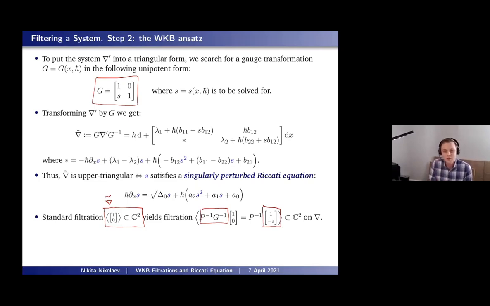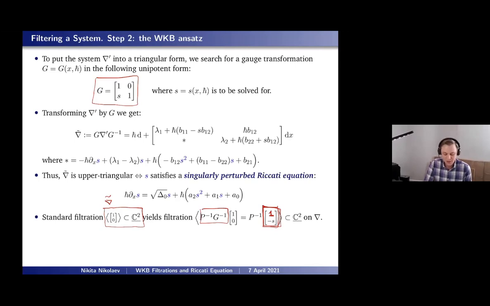But then there is a question of canonicity. How does this filtration behave under automorphisms of my original system? You can see that because I've written my filtration in this special form, the fact that this entry is 1 is an important thing.